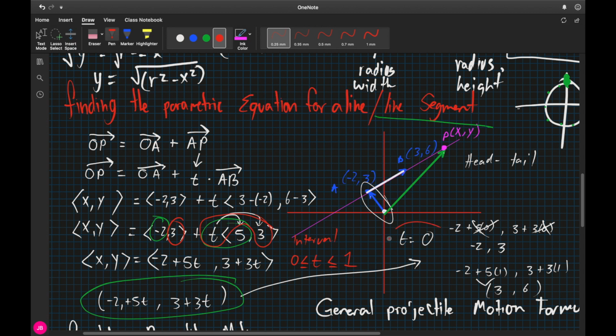Because like I said before, when t is equal to 0, I get point A, and when t is equal to 1, I get point B. So that is how to find the parametrization of a line or of a line segment by using vectors that basically point to any point on this pink line.